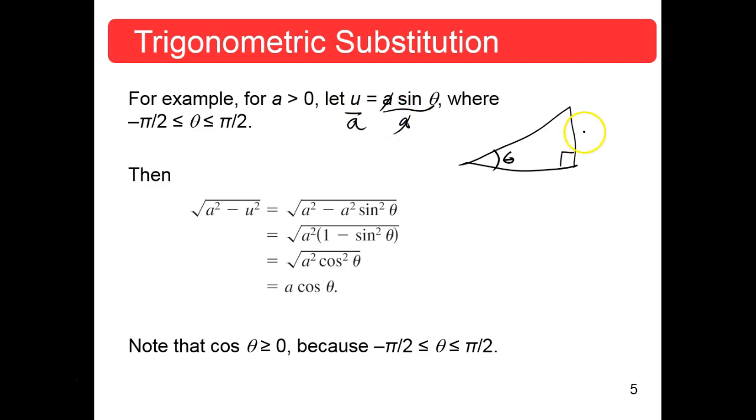So this must be u, which is the opposite, over a, the hypotenuse. Every one of these substitutions, draw your little triangle, and when you have identified what your substitution is going to be, draw it in like this. You will find this unbelievably helpful later on. Perhaps several times in the problem, this will be helpful to you.